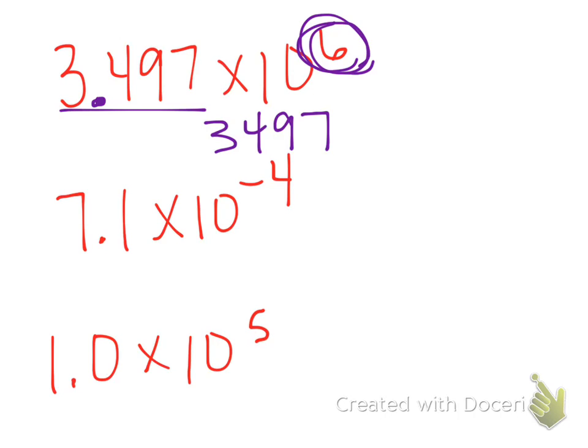This exponent is positive, so that means the number I'm trying to express is what? Bigger than 10. So that means my zeros are going to go this way, right? I'm going to add zeros to the end of my number. So I've really moved it 1, 2, 3, 4, 5, 6 to get it bigger, and then I add in zeros where I need them. Okay, so our final answer was 3,497,000.